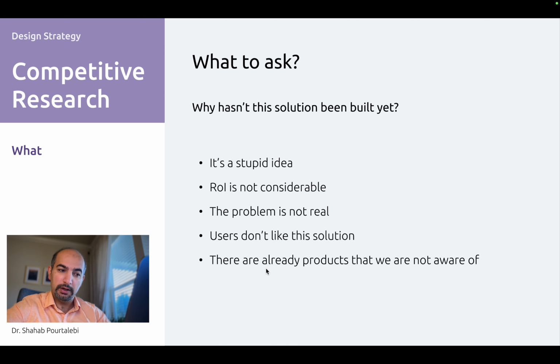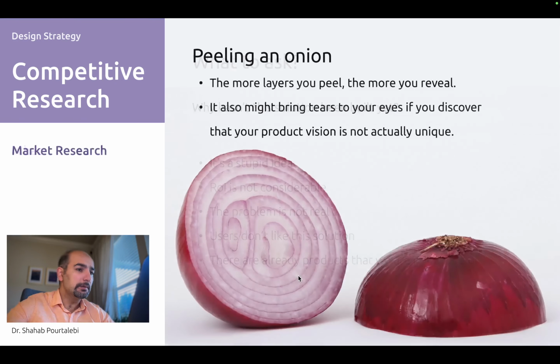Okay, so we want to make sure that there's no product that competes with us, at least on the values that we offer to our users, or the main value that we are offering to our users. So we want to make sure that our competitive edge is unique enough.